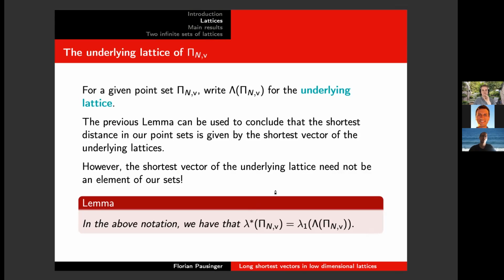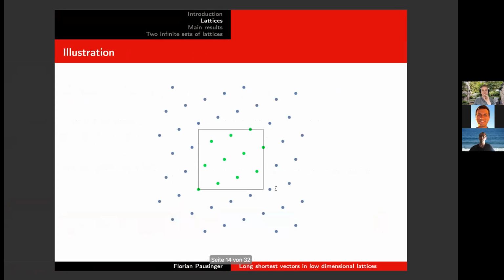So this is already very useful because it relates these point sets to a big body of theory. Now, just for an illustration, the green points would be a two-dimensional instance of the point sets I'm interested in, and the blue points around should give you an idea of the underlying lattice of this green point set. And this, of course, generalizes to other dimensions.